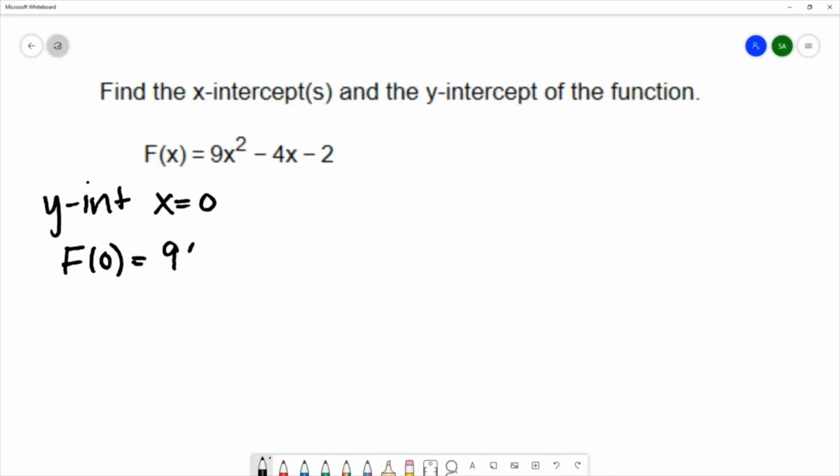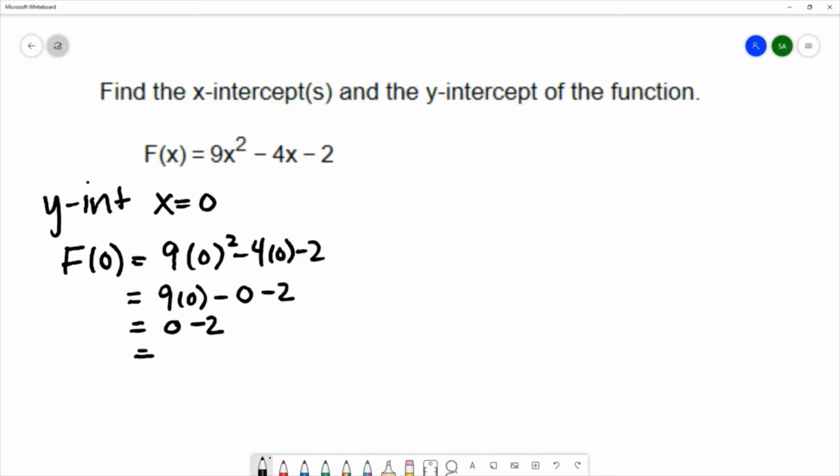That would give me 9 times 0 squared minus 4 times 0 minus 2. 0 squared is 0. 4 times 0 is 0. 9 times 0 is 0. Minus 0 and minus 2 combine together to be minus 2, and 0 minus 2 is minus 2. We have a y-intercept at (0, -2).